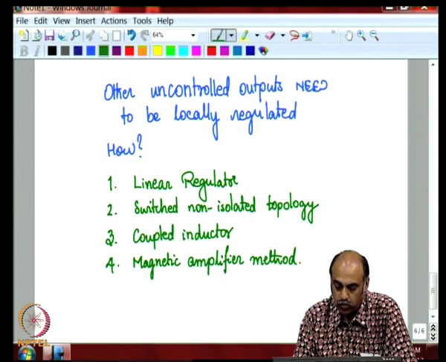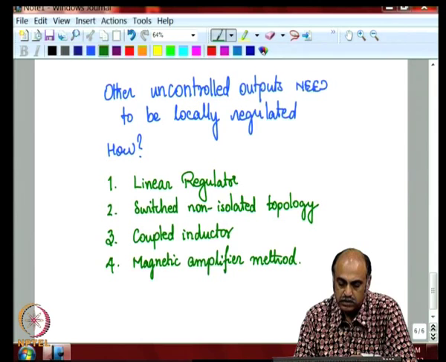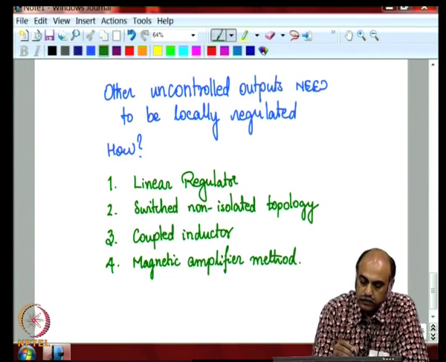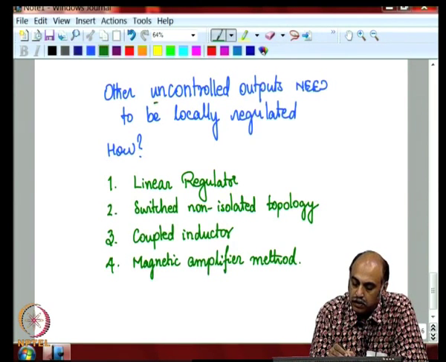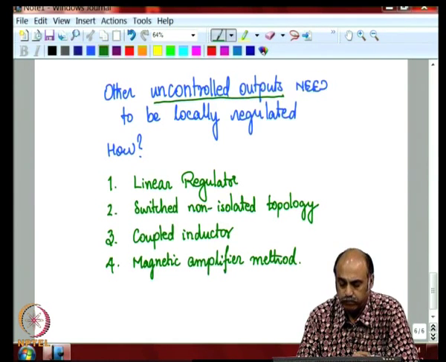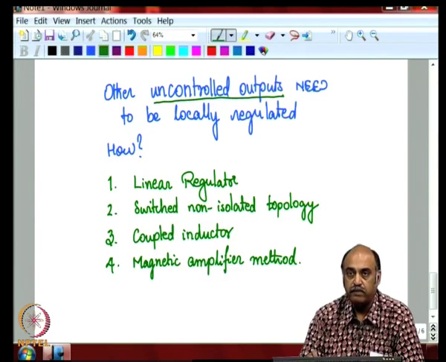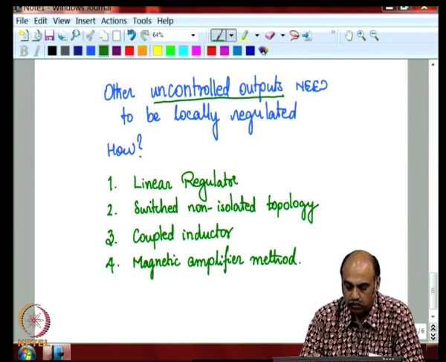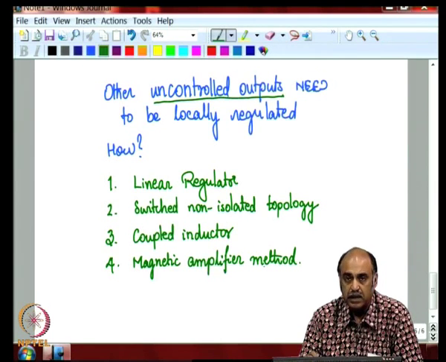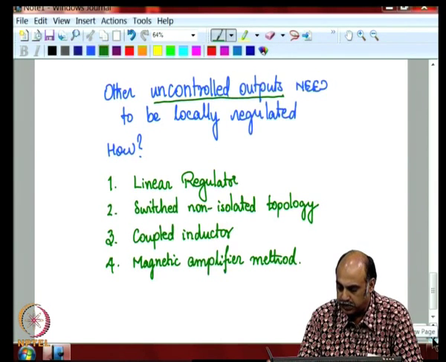These are some of the more popular ways by which regulation of the uncontrolled outputs is addressed. So, we shall see these possibilities, because in a practical power supply you will always find power supplies having multiple outputs. So, one by one let us take up these methods and see how it is accomplished.